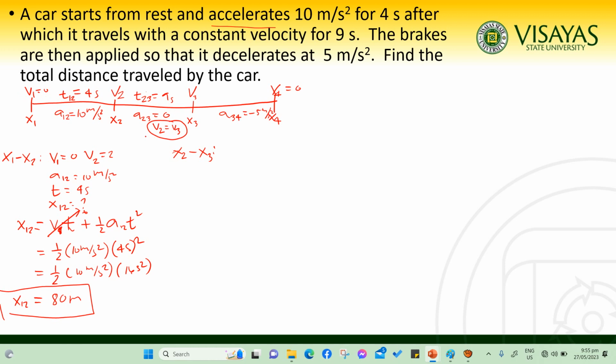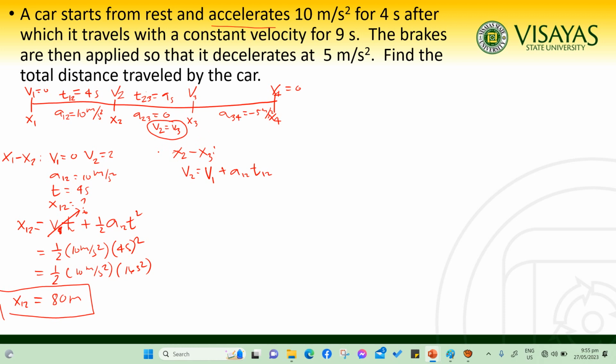So finding v2, your v2 can be solved using the formula you have here. v2 is equal to v1 plus a12 times t12.